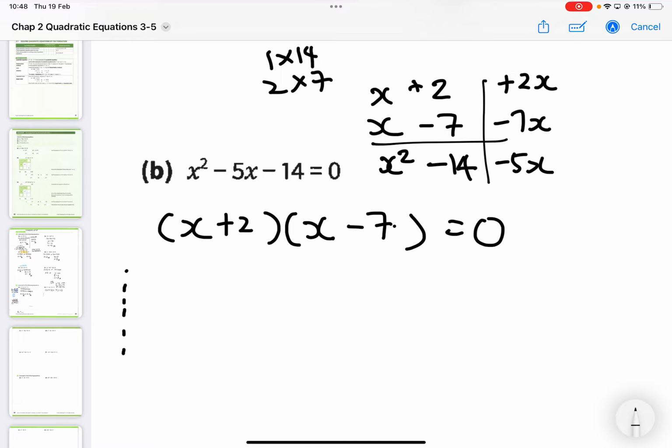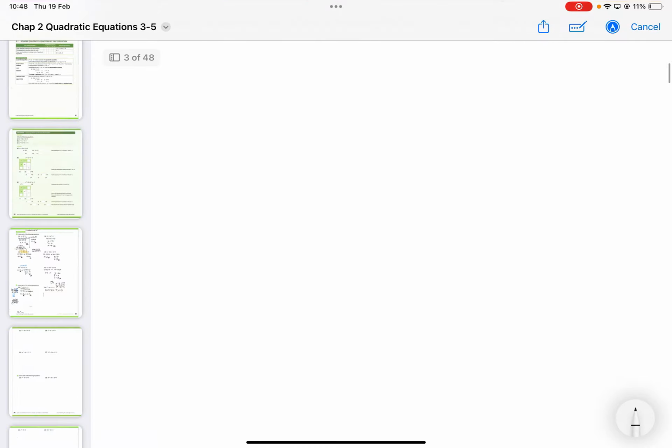Okay, so now the first step also says, I want to write this x squared minus 5x minus 14, break it down back into a bracket multiply a bracket. This one you actually learned in your Sec 2 before.